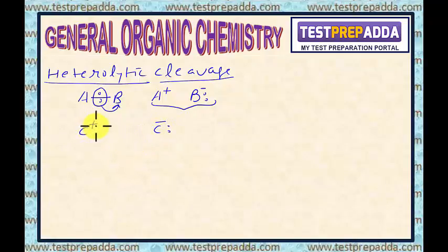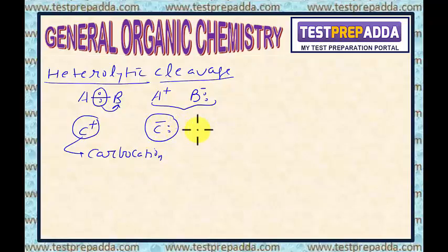So intermediate with positive charge in carbon is known as carbocation. An intermediate where negative charge is in carbon is known as carbanion.